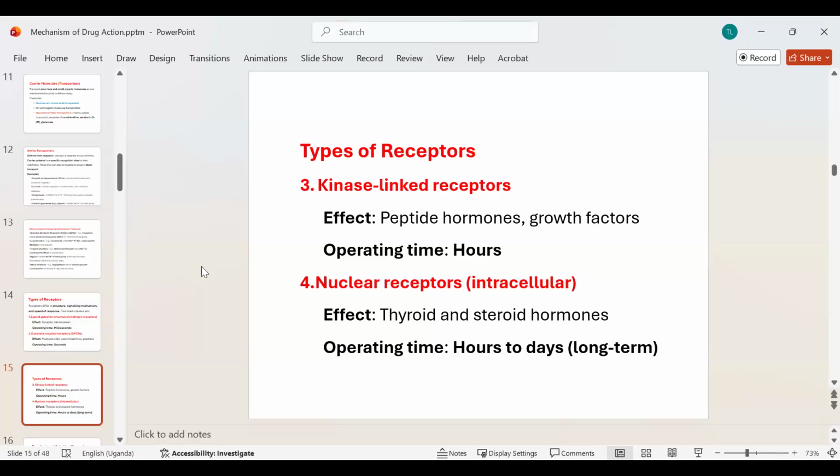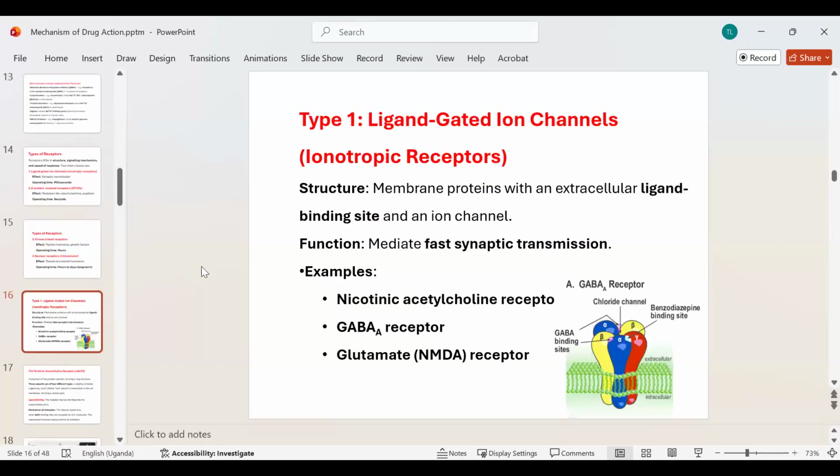But for the ones I've told you about, the binding is usually in the cytosol, and then the receptor and drug complex moves to the nucleus and binds to the DNA. This is how the steroid hormones work. They don't go straight to the DNA in the nucleus and bind. They first bind in the cytosol and move. But there are other drugs that go direct and bind to the DNA.